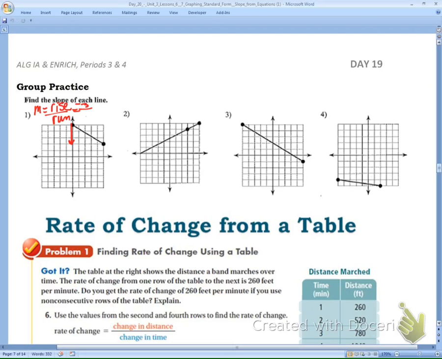So negative 3 over how many? 1, 2, 3, 4, 5. So your slope is equal to negative 3/5. It does not reduce any further. Okay? So push pause if you needed that for an example. Otherwise, you can keep on going to check the rest of your answers.